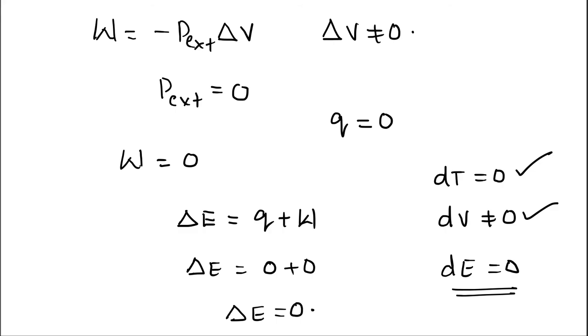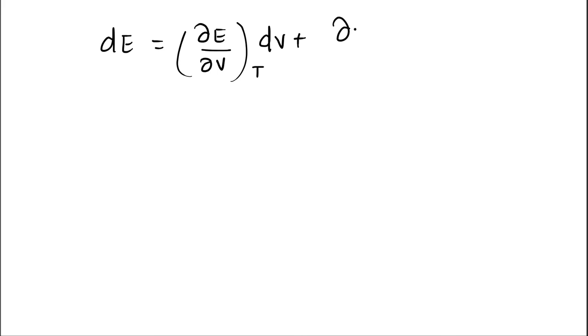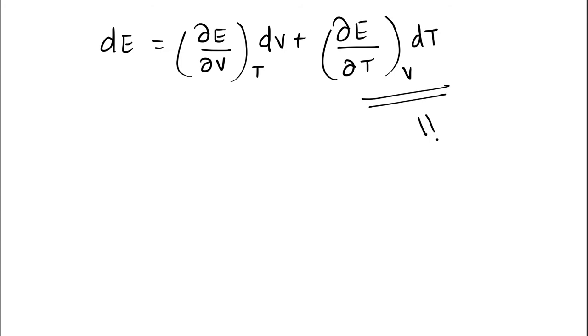Now, what is the differential for the internal energy? We know that dE equal to dou E over dou V at constant temperature times dV plus dou E over dou T at constant volume times dT. So this one is 0, therefore this term becomes 0, because we know that dT equal to 0.